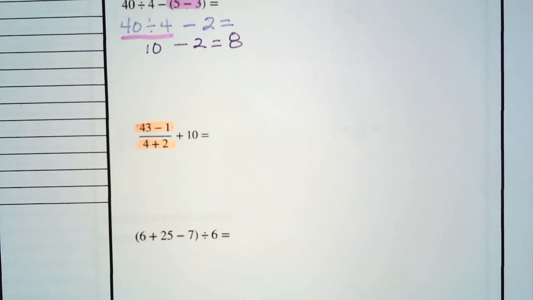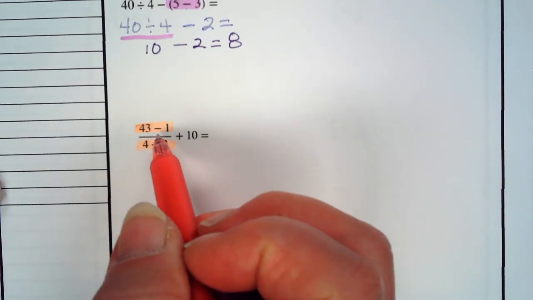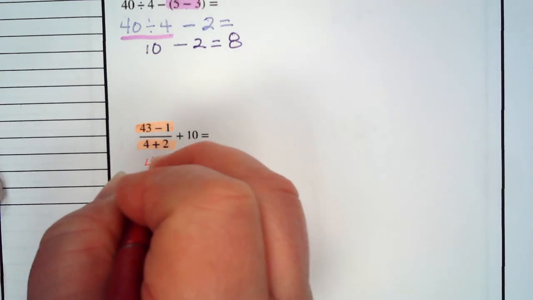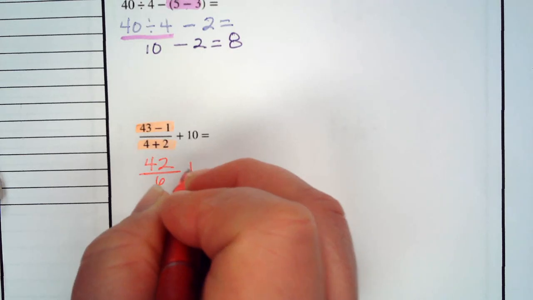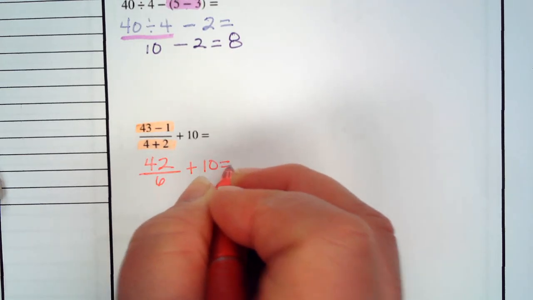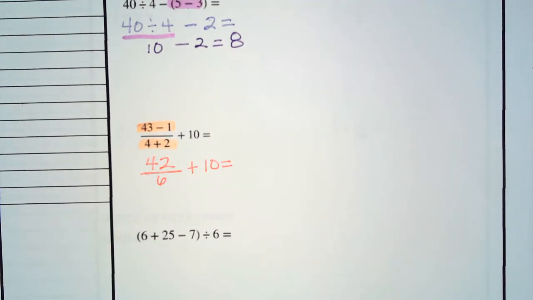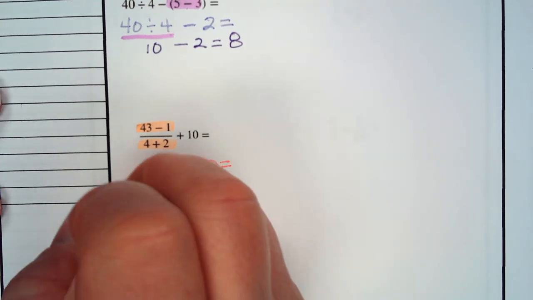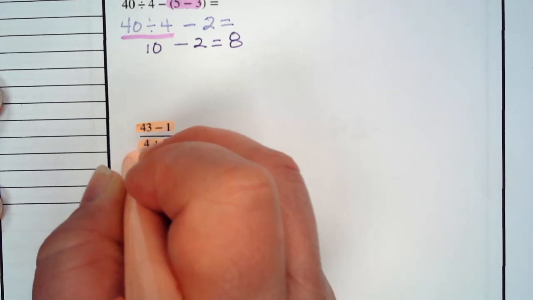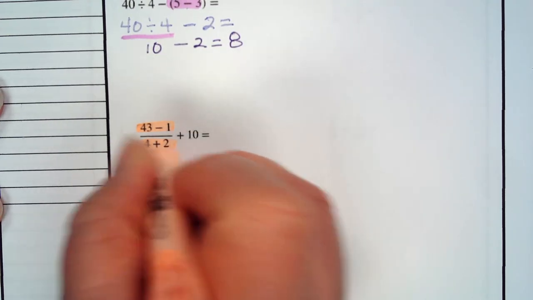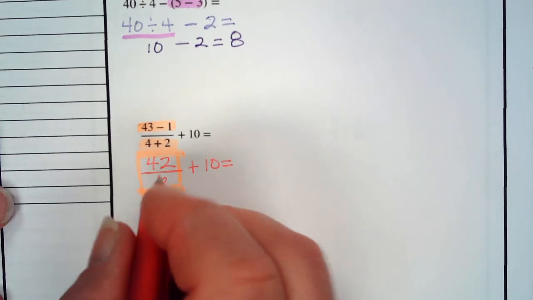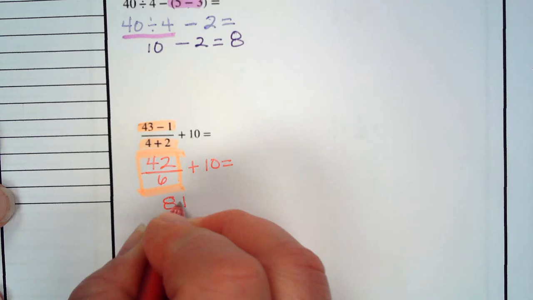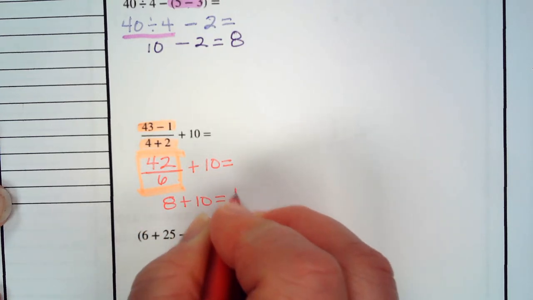So I'm looking at 43 minus 1 is 42, over 4 plus 2 is 6, plus 10. Once again, you've got the fraction bar, so you've got to do your fraction first. 42 divided by 6 is 7. 7 plus 10 is 17.